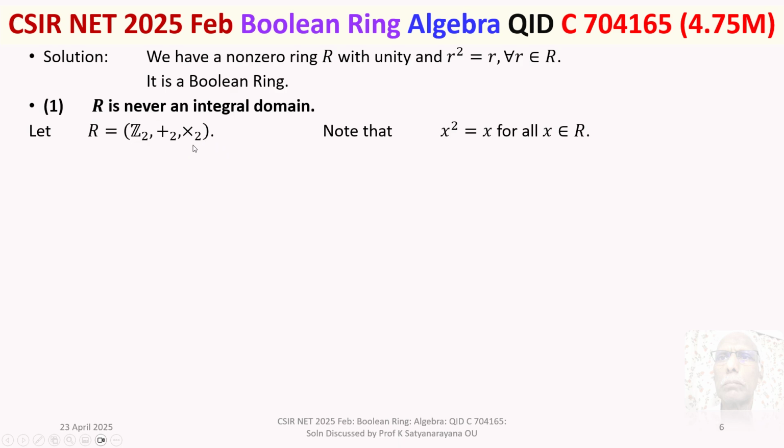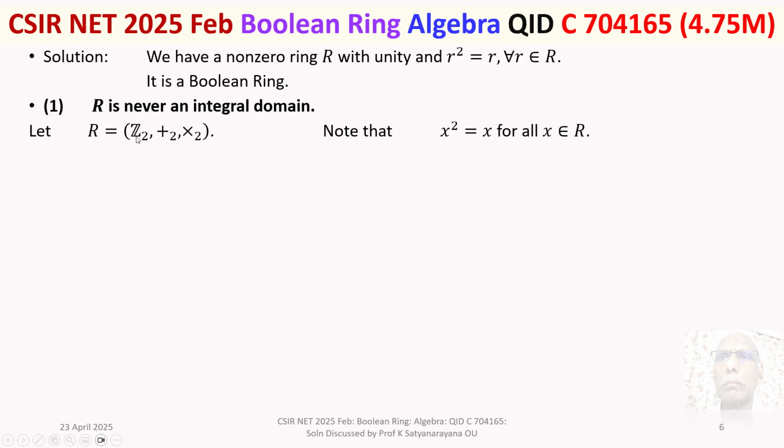It is a non-zero ring with unity, and in this every element is an idempotent element. You can see it. 0 squared is 0, 1 squared is 1. These are the only two elements in Z2. So x squared is equal to x for all x belongs to R. So this has the property of the Boolean ring.